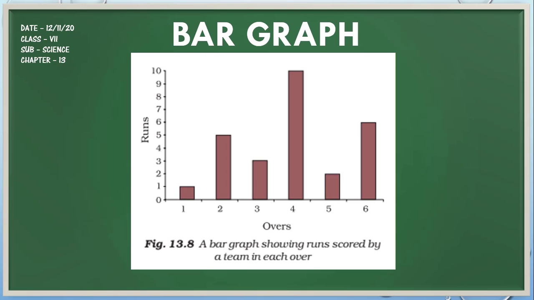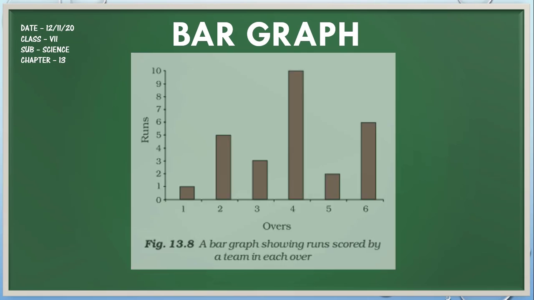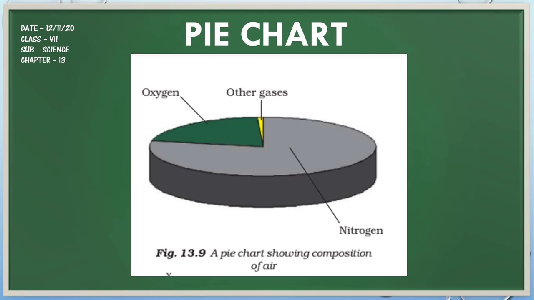By just looking at this graph, you can easily tell that 1 run has been scored in the first over, 5 runs in the second over, 3 runs in the third over, while 10 runs in the fourth over, 2 runs in the fifth over, and 6 runs in the sixth over.